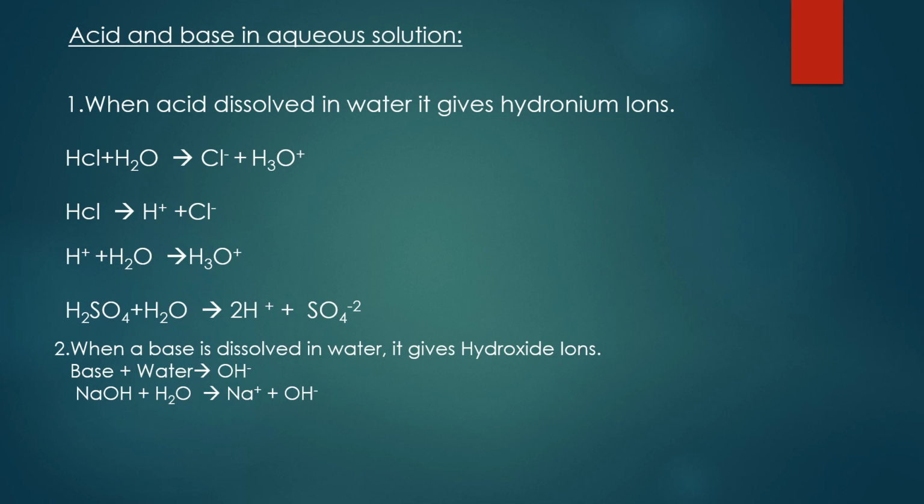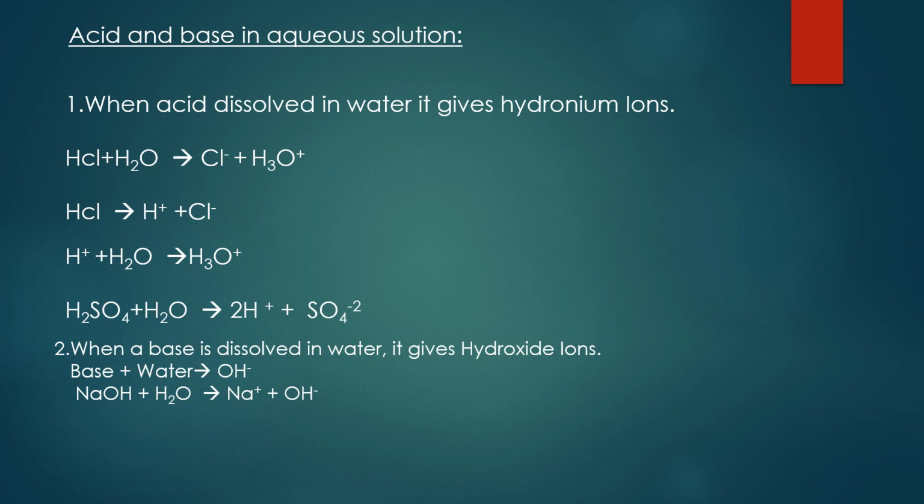The H plus ions do not have independent existence. That's why this H plus ion mixes with water to give hydronium ion. So H plus and H2O give rise to hydronium ion.